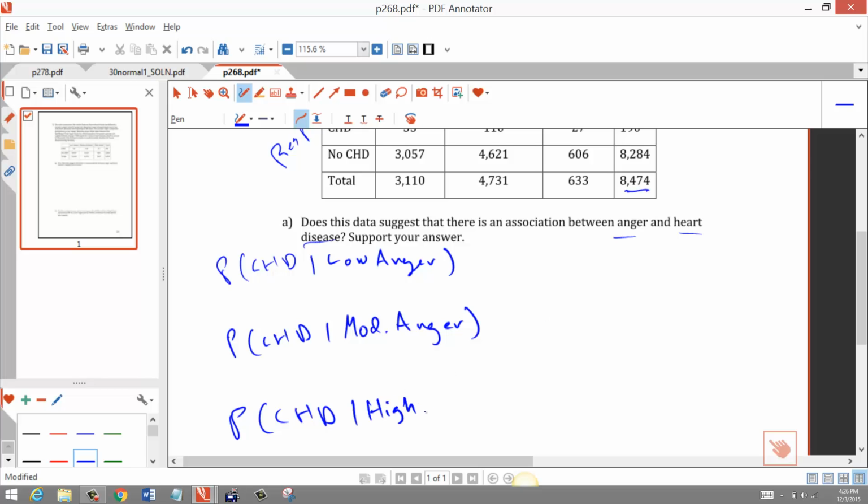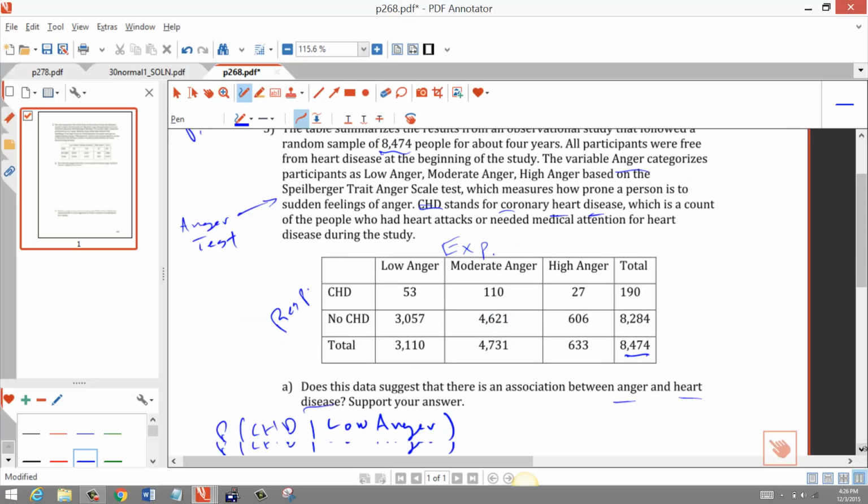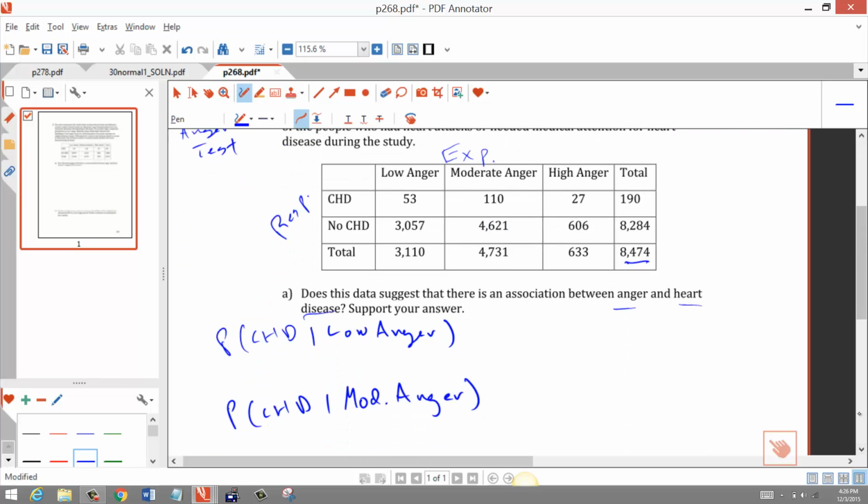Now the table's already set up for us to do this. If you remember, the explanatory variable tells us the denominators. So I'm just going to write those denominators in. Low anger, that's going to be these people. Of all these low anger people, how many had heart disease?